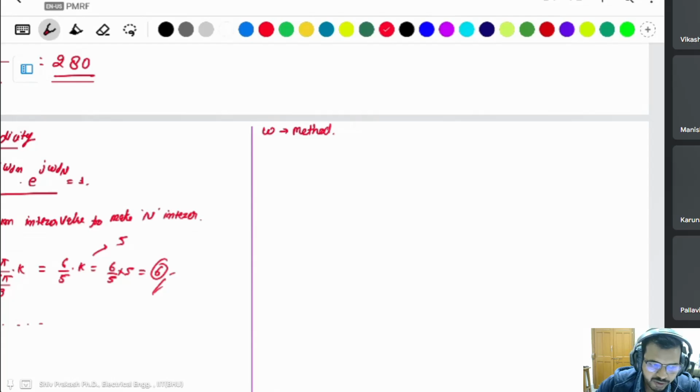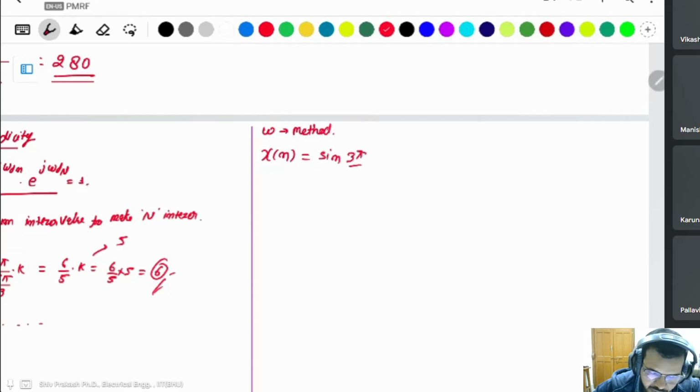Same thing as the previous case: find the GCD of the frequencies to get omega naught, which is the fundamental frequency.